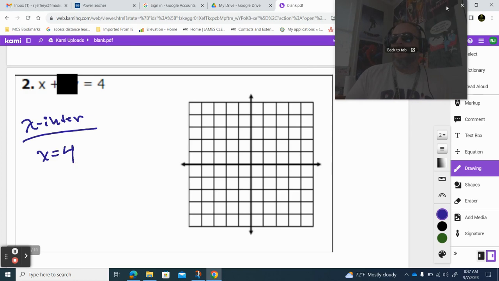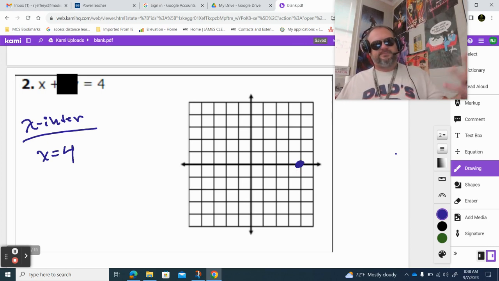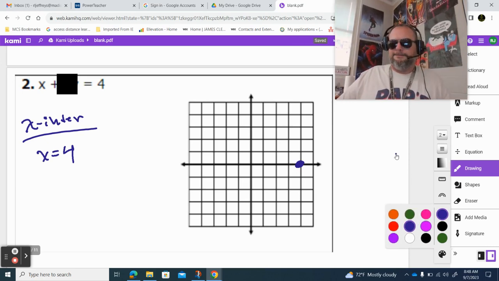How are we going to solve x equals 4? Are you sure we don't do anything to solve it? No, okay, we don't. So then we go out here. We start at 0, 0. We go over 1, 2, 3, and 4. Make a dot. Okay, so that one we got done.